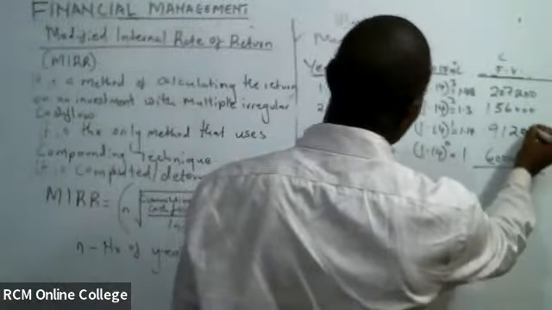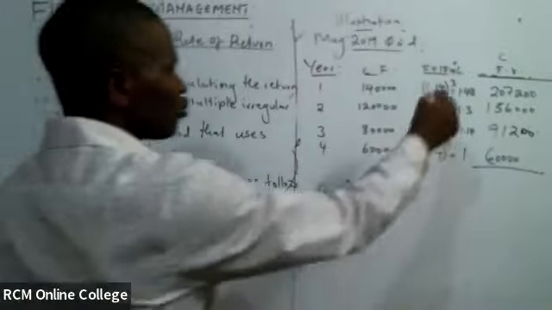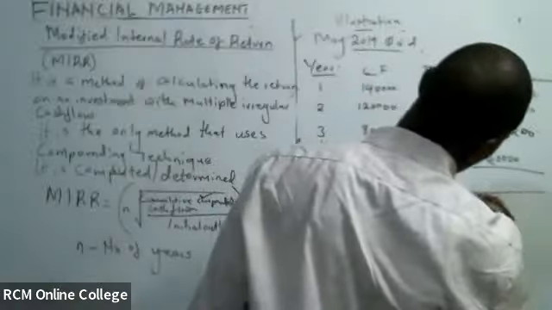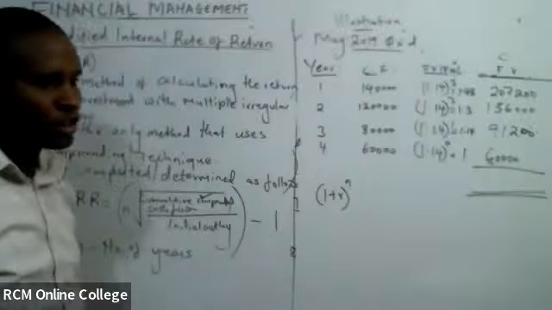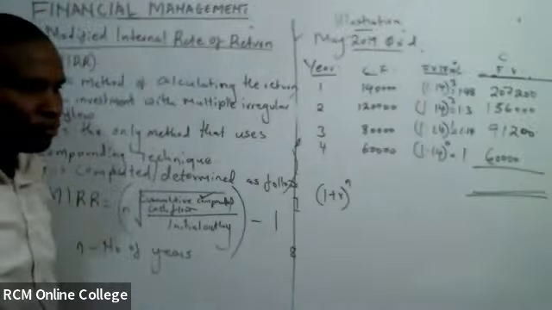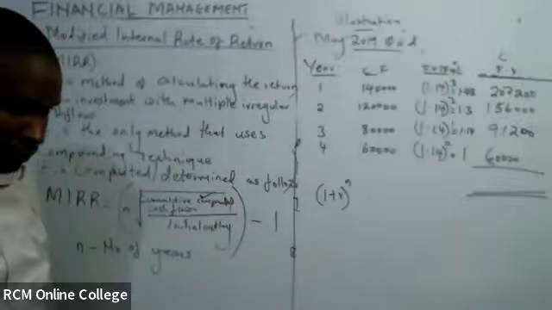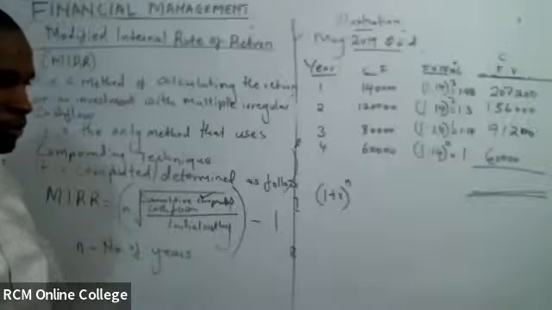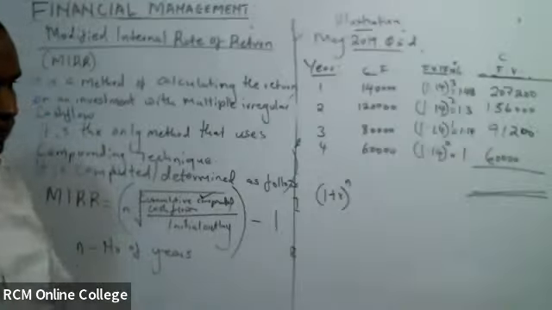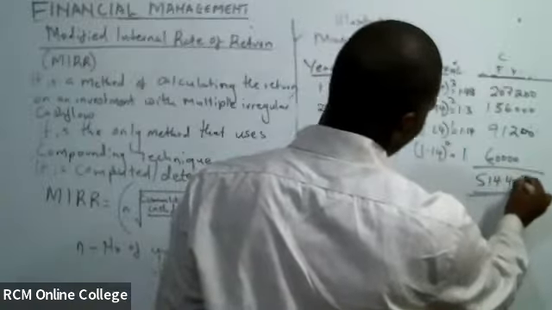Now we want to get our cumulative compounded cash flow. Add all these up. Cumulative compounded cash flow, how much is it? Total, all of them. Now we come to play with our roots. 514,400.